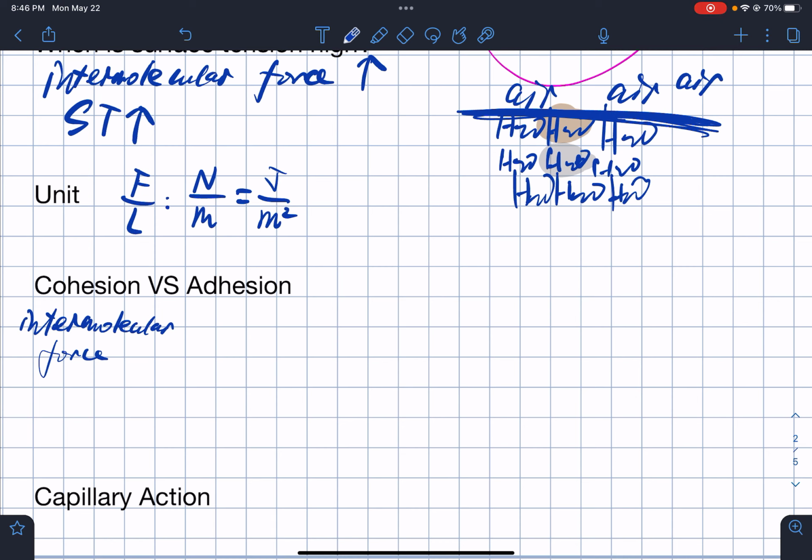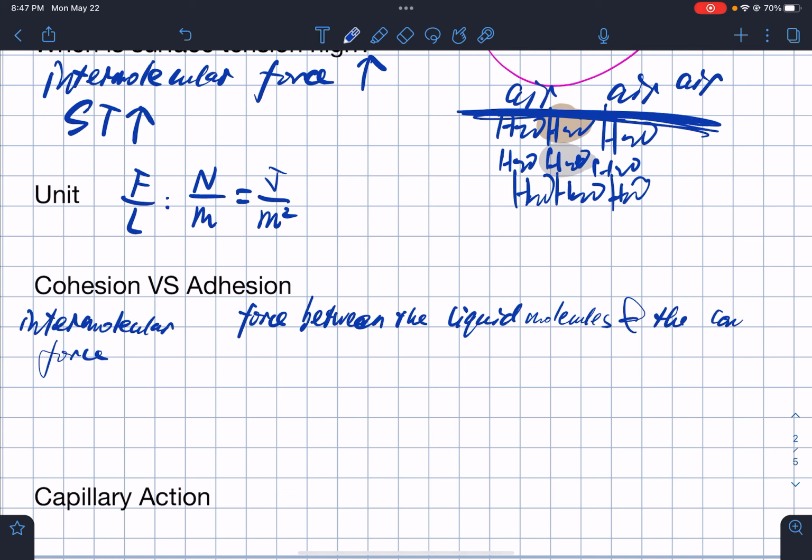Adhesion, on the other hand, is the attractive or bonding force between the liquid molecule and the container. If the liquid molecule doesn't want to hang out with its own people and just wants to get closer to the container, then there's a stronger bond between the liquid molecule and the container.